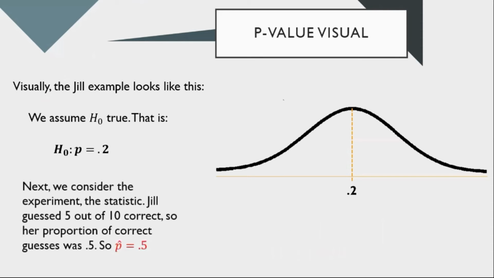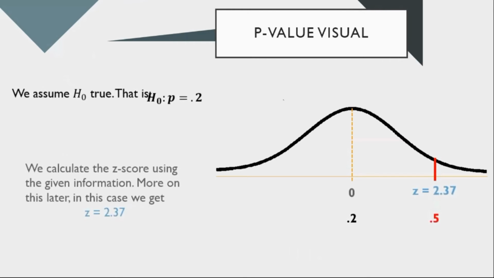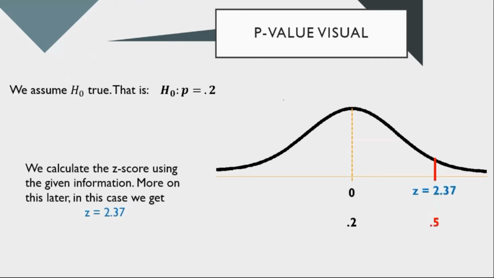So next, we need to layer on top of this what we actually witnessed. In this case, we witnessed the p-hat of 50%. We saw her actually guess 50% correct. This has a standard score, a z-score of 2.37. So 2.37 standard deviations above average.